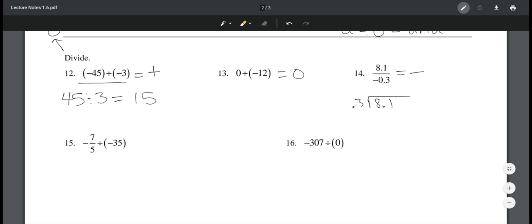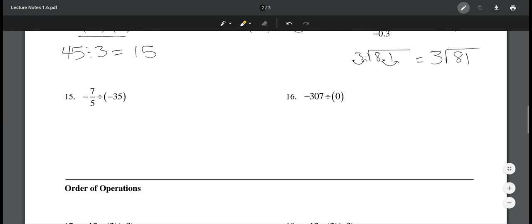So I'll move the decimal one place here, which means I move it here. So technically, I have 3 going into 81. 3 goes into 81 27 times. We had already established that our answer was going to be negative because a positive divided by a negative, they have different signs, and that is your rule. When they have different signs, the outcome is negative.